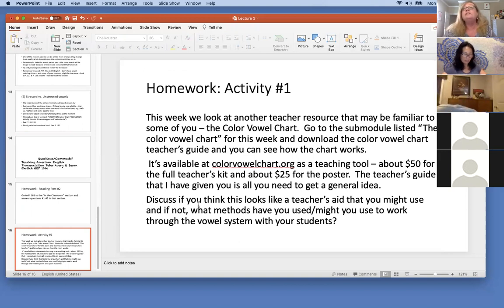And this is the first of your activities. You have 10 activities in total that are worth 4 points each. That's double the points that the reading posts are worth, so put a bit more effort into them.